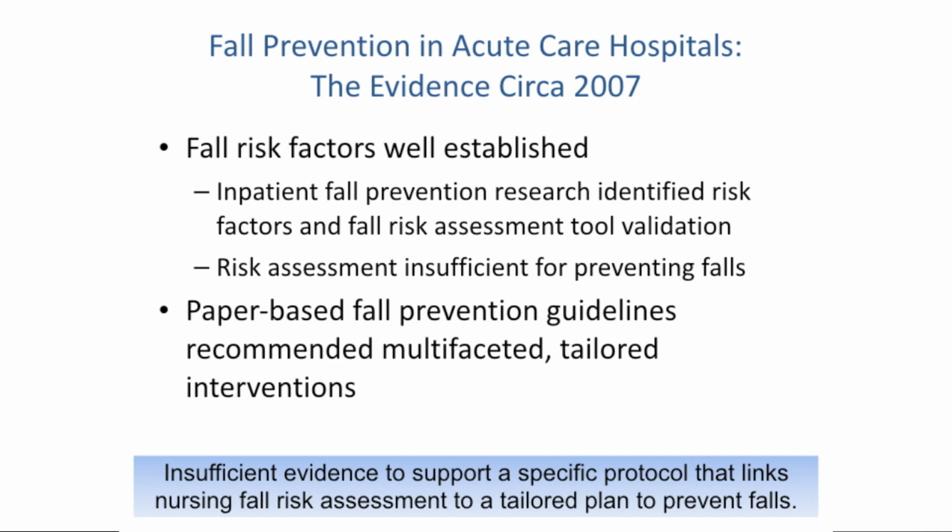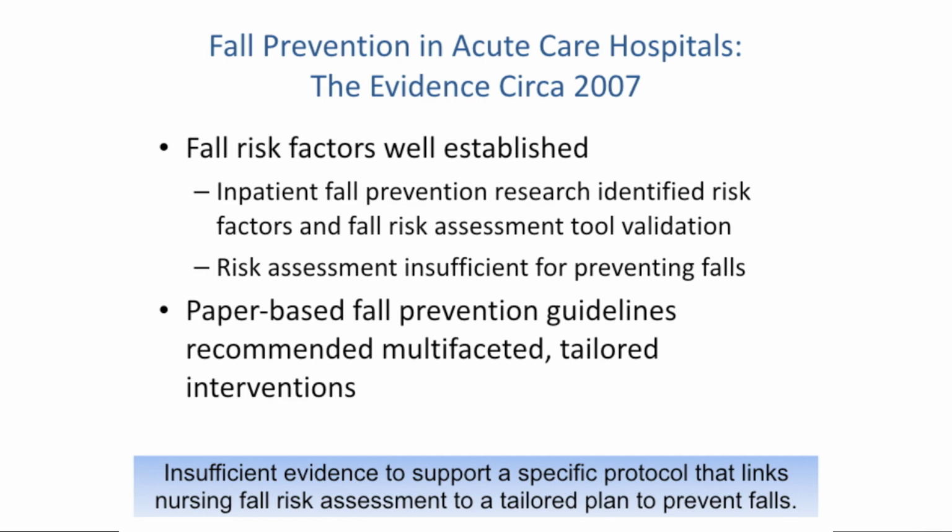There are many fall risk assessment tools available in the literature with various degrees of validation. So we had a lot of good information about the factors that placed patients at risk for falls. We also had some standardized measures of falls and fall-related injuries, so the NDNQI metrics, those were available back in 2007. What we didn't have were evidence-based interventions.